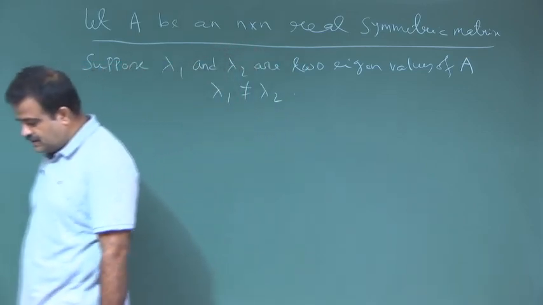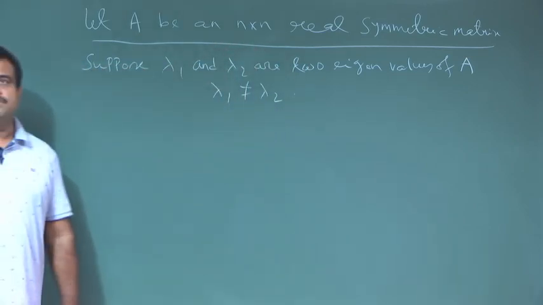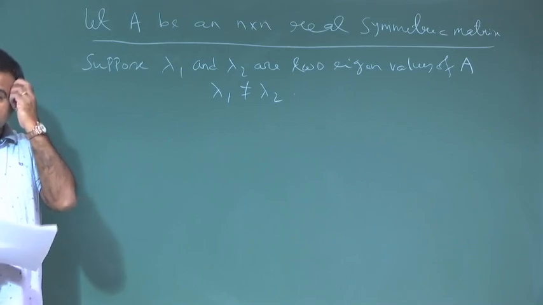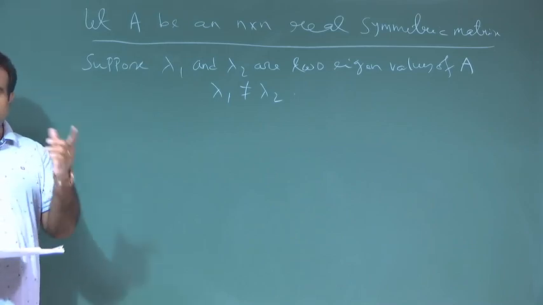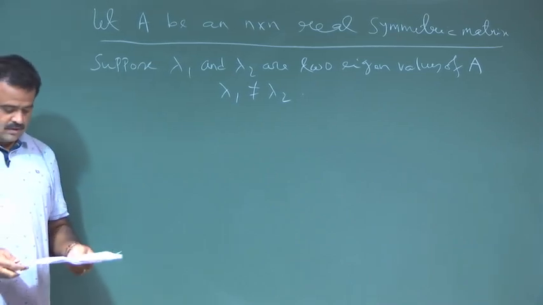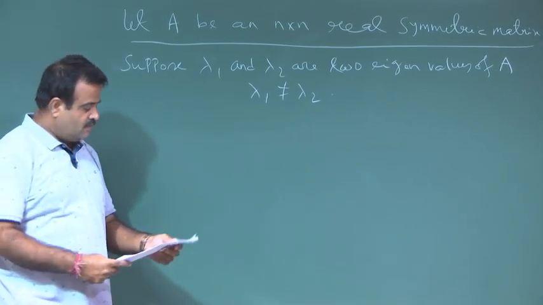Consider two distinct eigenvalues lambda 1, lambda 2. Then we want to know whether their corresponding eigenvectors are orthogonal. So, that is the theorem.